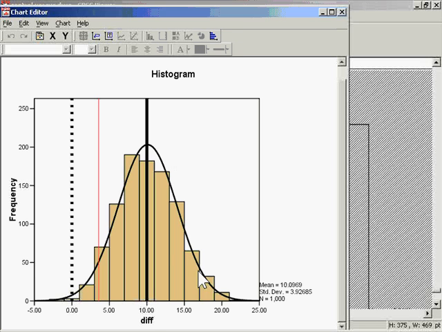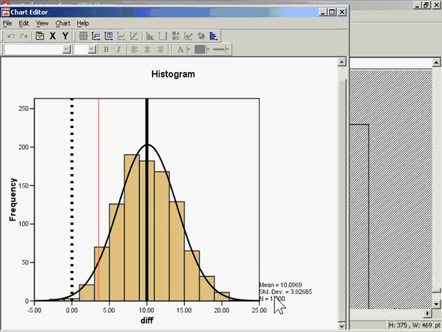You can see that I fitted a nice smooth bell-shaped curve to this, and I've used the standard deviation of this distribution to put in my red line cutting off 95% of our values to the right of this line and 5% of the values in the tail, so a one-tailed test.